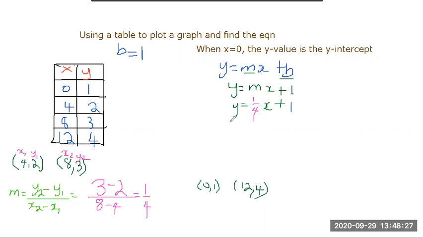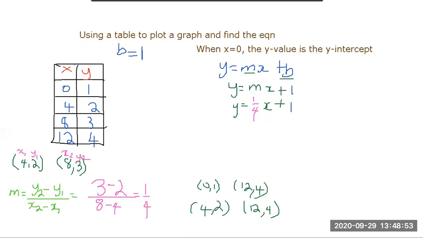I could have done 4, 2, and 12, 4. Could have done any 2 points. Put it in my equation, got my answer. So that's kind of how we look at a table, and we could find the equation just from looking at the table.